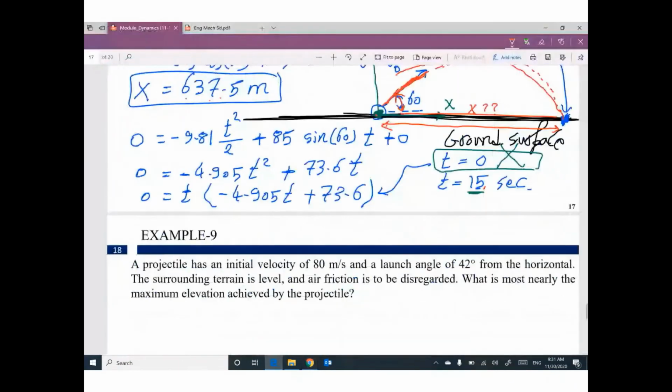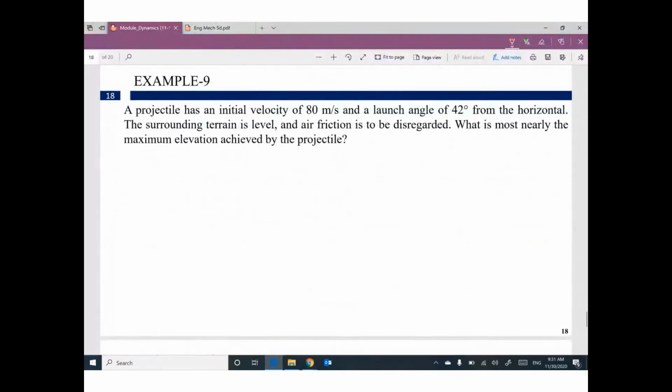Okay, one more example. We have a projectile that has an initial velocity equal to 80 meters per second and a launch angle, this angle of inclination, equal to 42 degrees from the horizontal.